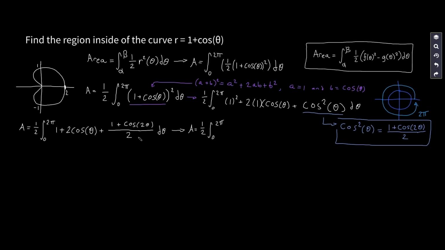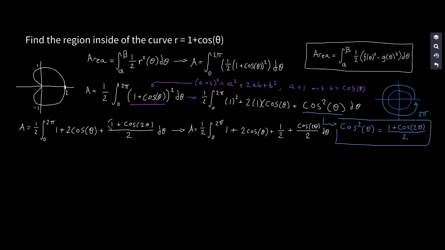I'm going to rewrite this: 1 plus 2 cosine of theta plus 1/2 plus cosine of 2 theta over 2, integration with respect to theta.